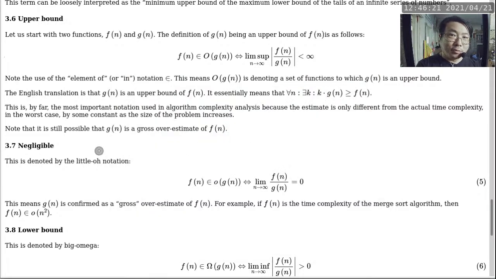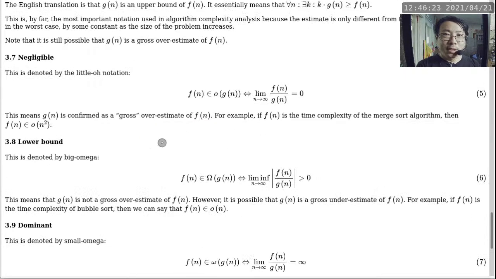And the next one talks about negligible. This one is just taking the limit of a sequence. Basically it says, if f of n divided by g of n, as n approaches infinity, becomes 0, then g of n is negligible.